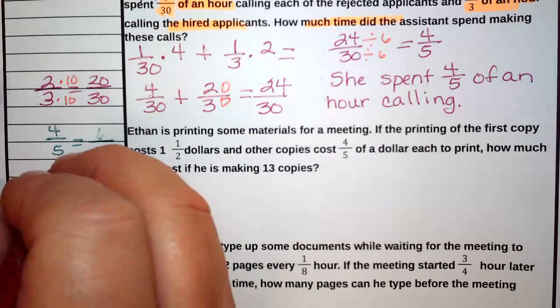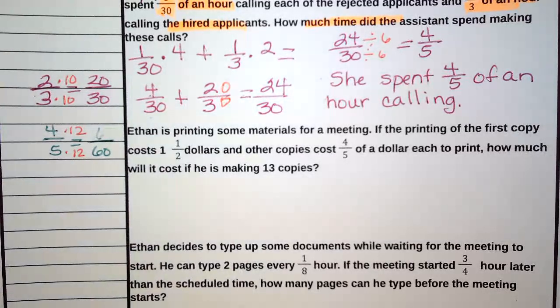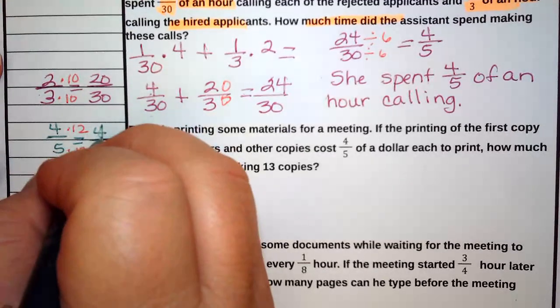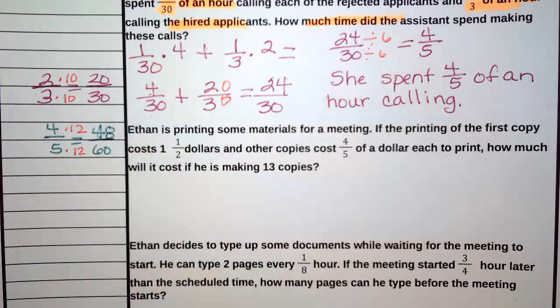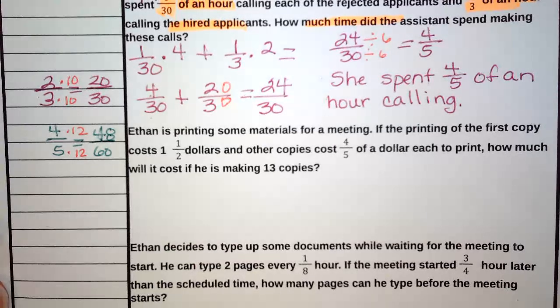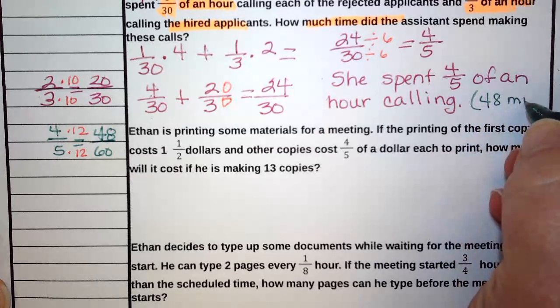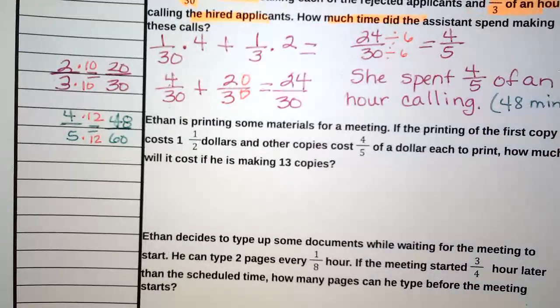Five times 12 is 60. 4 times 12 is 48. She spent 48 minutes calling. Any questions?